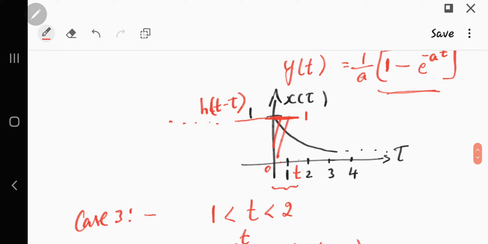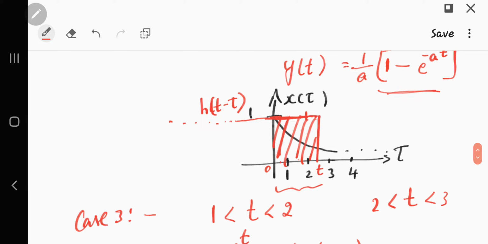my signal in between 2 and 3, you will get one more condition like t is less than 3 and greater than 2. Then also the overlapping region you will get is from 0 to t only.